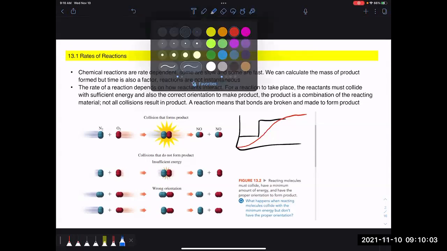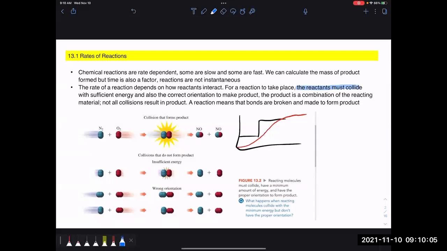So the reactants must collide with sufficient energy and also the correct orientation to make a product. Then the product is a combination of the reacting material. But not all collisions result in product, right? Because if they don't collide with sufficient energy at the correct orientation, nothing happens.